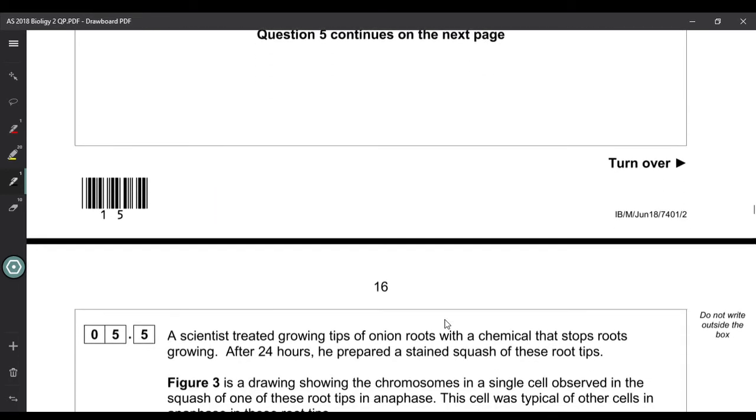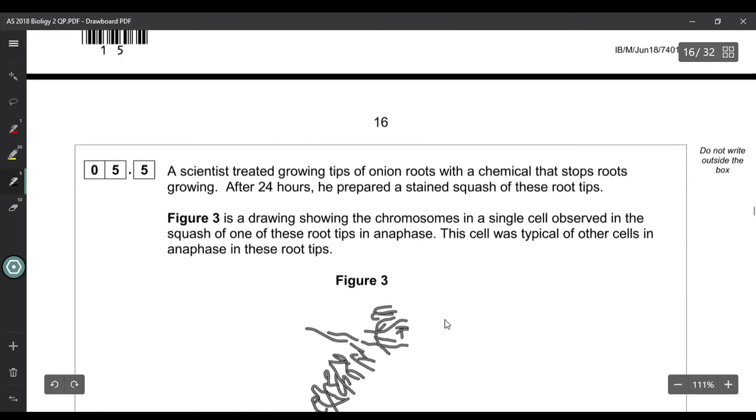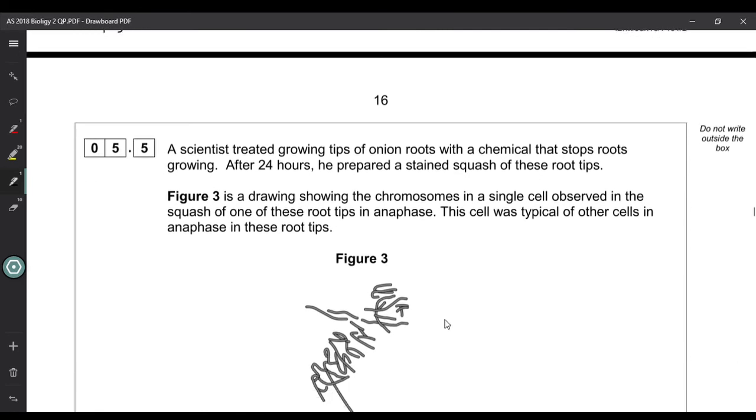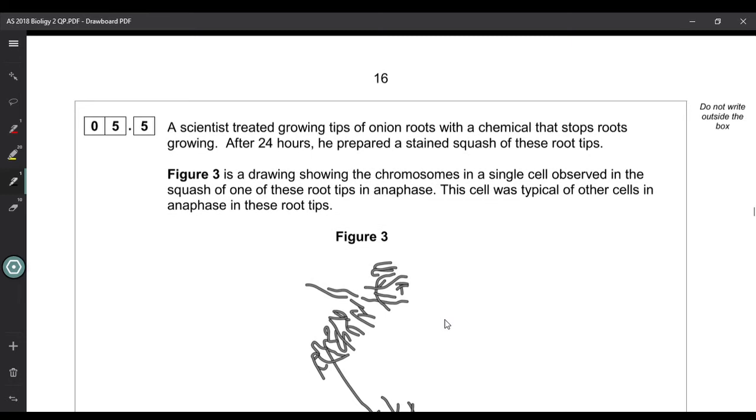So the final part of this question says, a scientist treated growing tips of onion roots with a chemical that stops roots growing. After 24 hours, he prepared a stained squash of these root tips. Figure 3 is a drawing showing the chromosomes in a single cell observed in the squash of one of these root tips in anaphase. The cell was typical of other cells in anaphase of these roots.